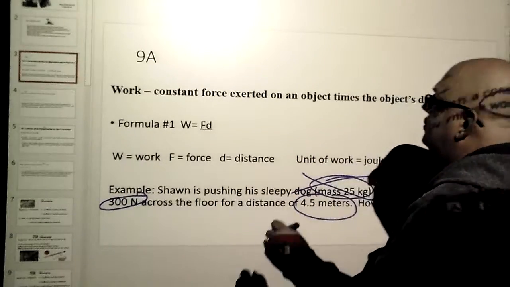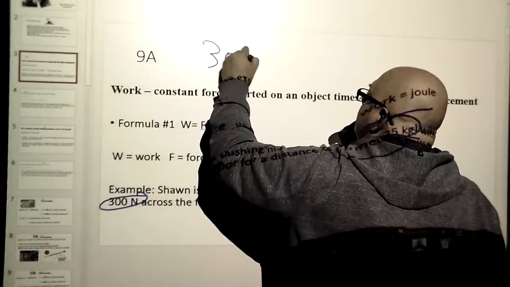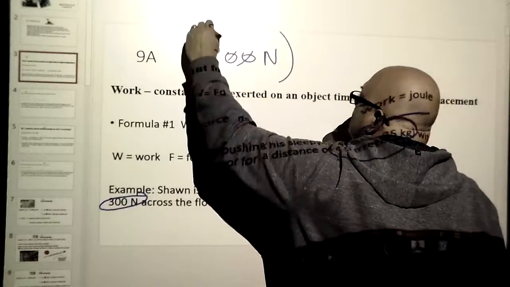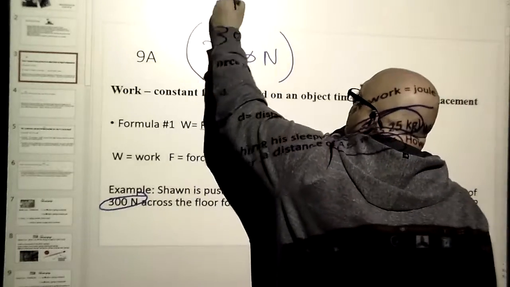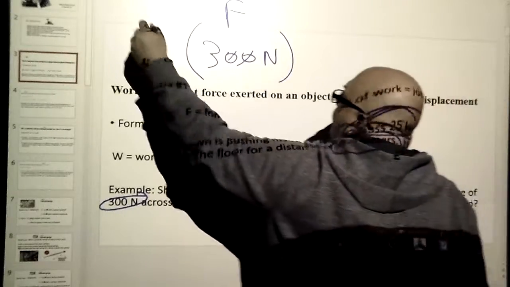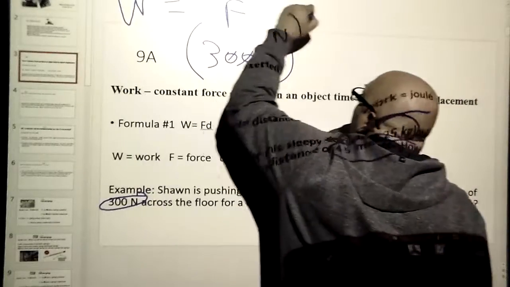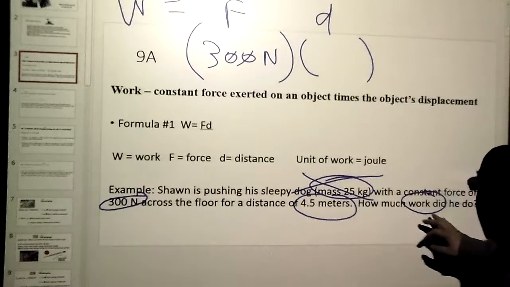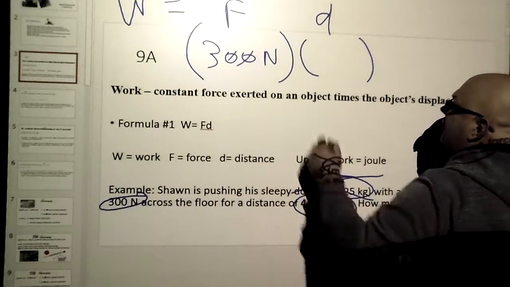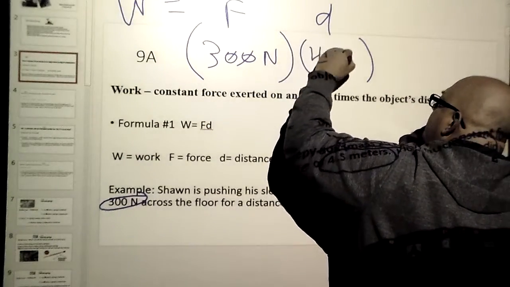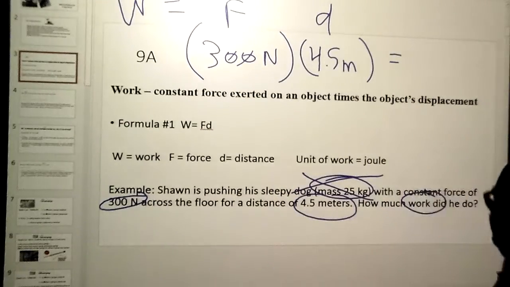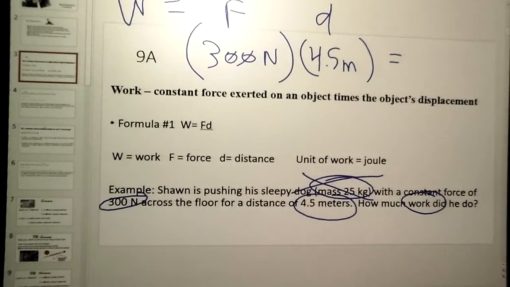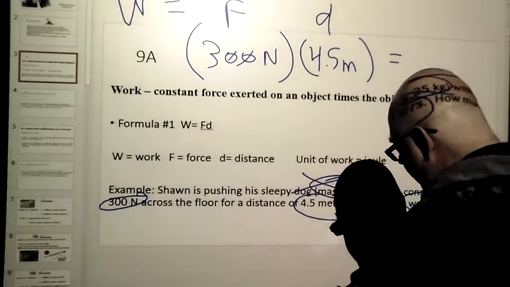But we have a force, so we have 300 newtons. Okay, so there's our force, and we're trying to find work is equal to force times the distance. Well, our distance, they gave it to us at 4.5 meters. And that's pretty much it. Now let's go calculate it very quickly.